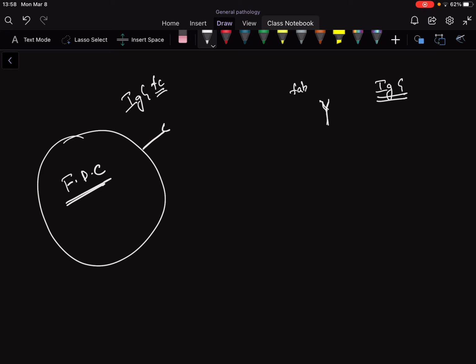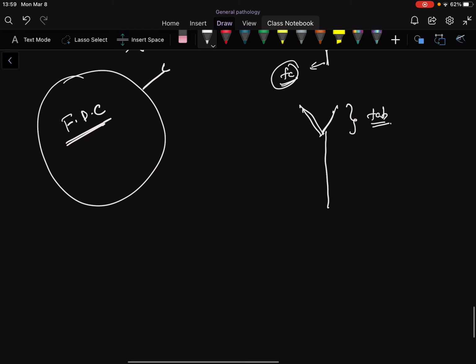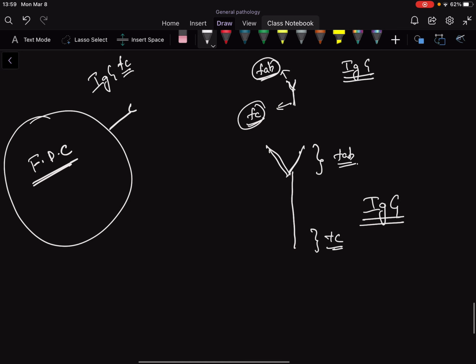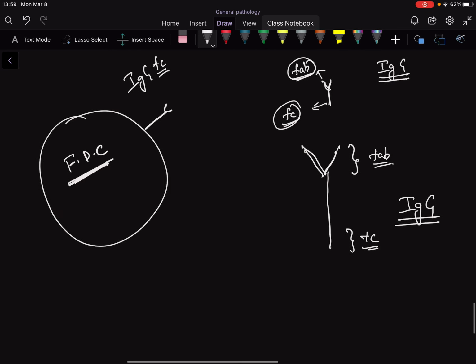This is the Fab portion here, and this is the Fc portion of the immunoglobulin G antibody. So follicular dendritic cells have a receptor for the IgG Fc portion of that antibody.